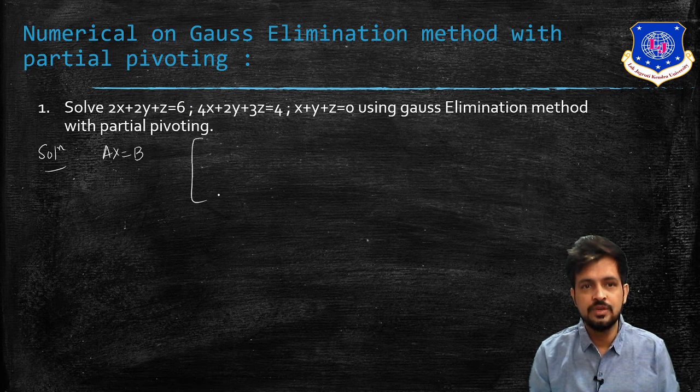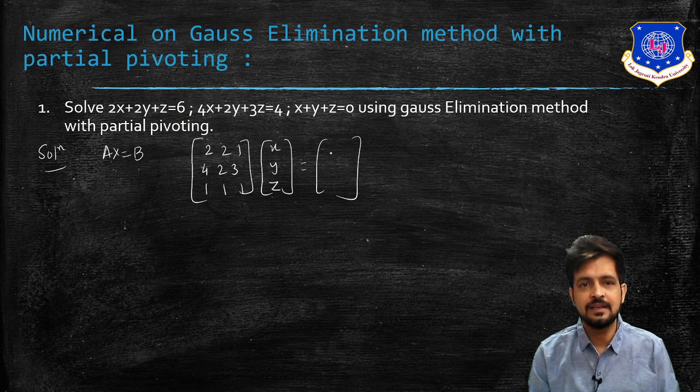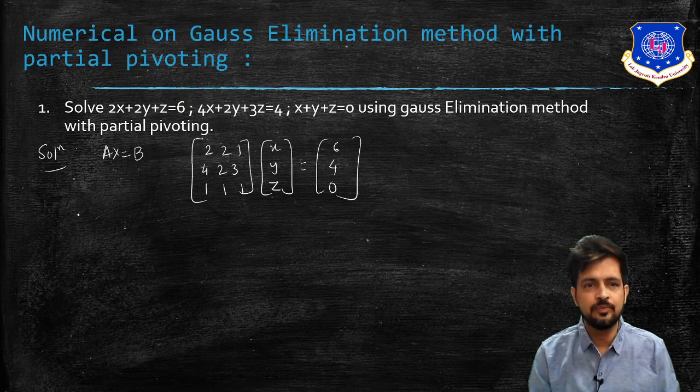First of all we will write the matrix form, Ax equals B form. A will be our matrix, so I can write here 2, 2, 1, 4, 2, 3, and 1, 1, 1, which are multiplied by the three unknown variables x, y, and z. And our B vector will be 6, 4, 0.